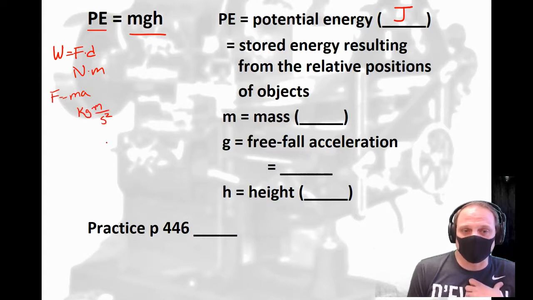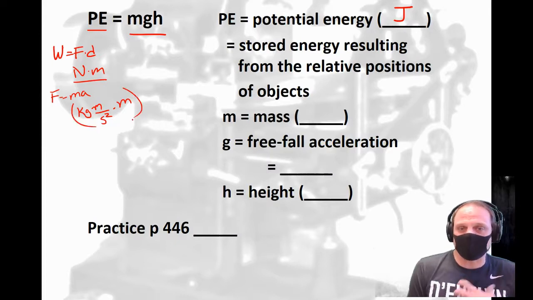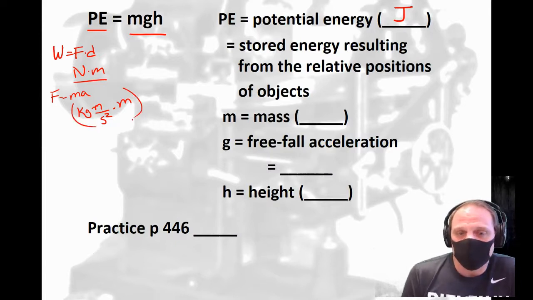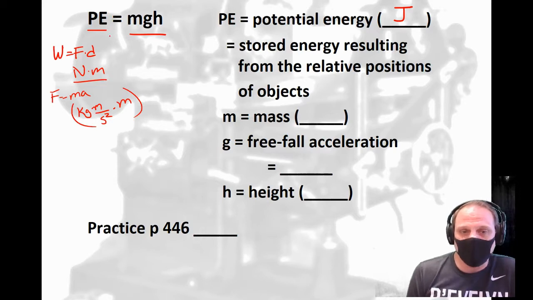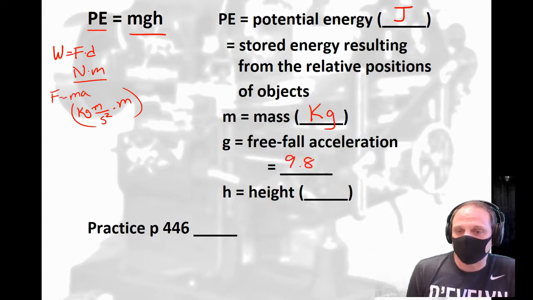So a kilogram meter per second squared times a meter is basically what we've got. So this is our unit, kilogram meter squared per second squared. That's joules. And we can see that that's going to happen here with potential energy as well, right? So if we look at our mass, that's kilograms. We look at our free fall acceleration, that's 9.80 meters per second squared.